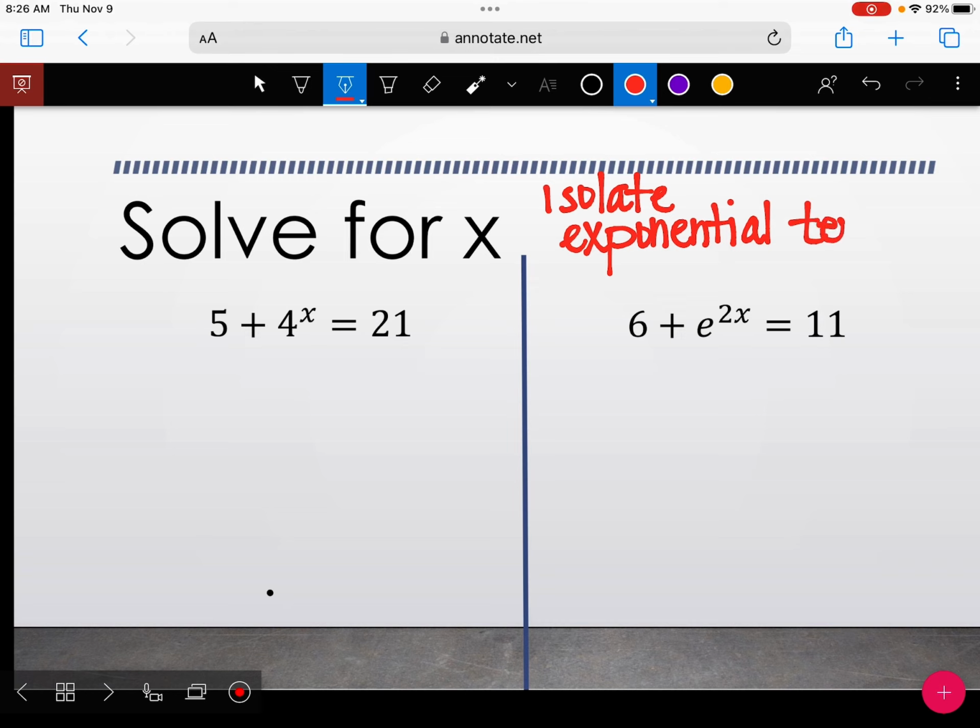And we are going to start by isolating the exponential term. So what I mean by that is this 4 to the x and the e to the 2x. We're going to get those by itself. And that's always our strategy when we're solving for x.